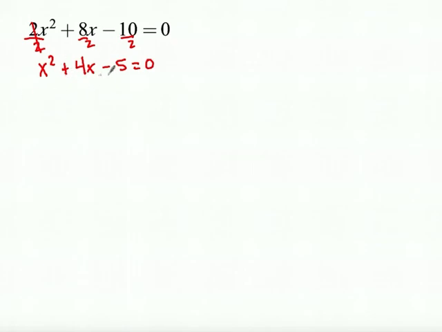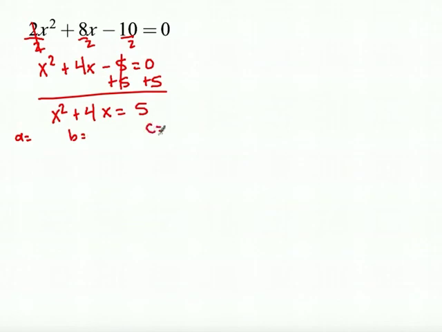So at this point, remember I take my constant and I move it to the other side. So I'm going to add 5 to both sides here, and those will cancel and give me x squared plus 4x equals positive 5. So now I want to get my a, b, and c to write my quadratic. So my a is going to be 1, my b is 4, and my c is going to come from b over 2 squared.